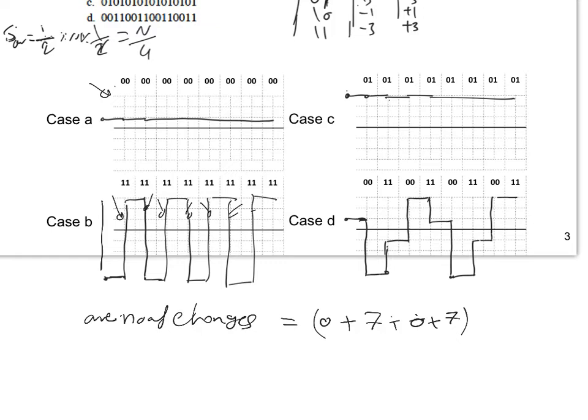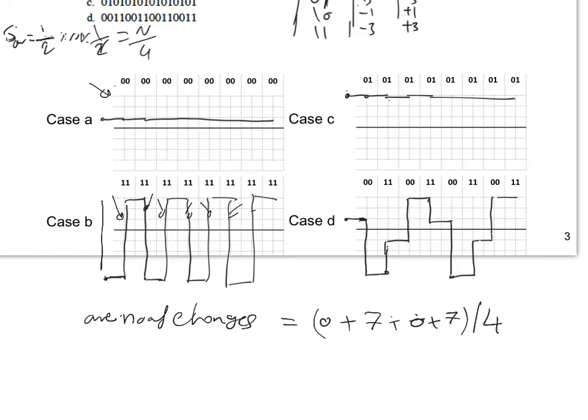So these are the number of changes for each case. So we have to get the average for these 4 signals. But this is the average number of changes for how many bits? 16 bits.